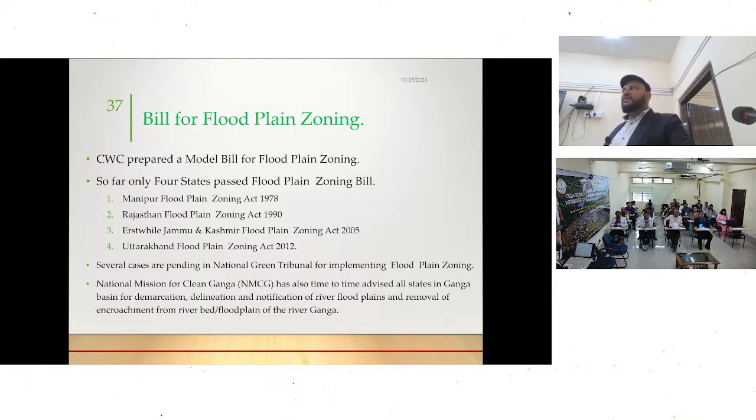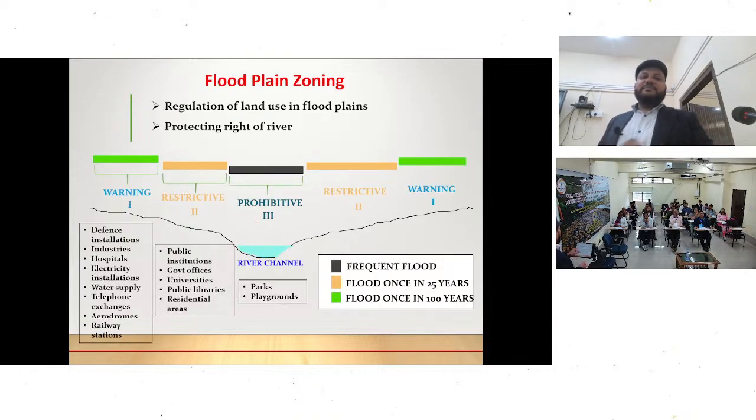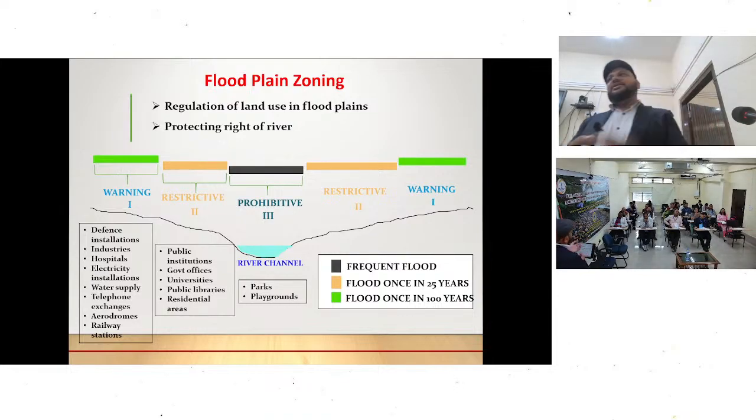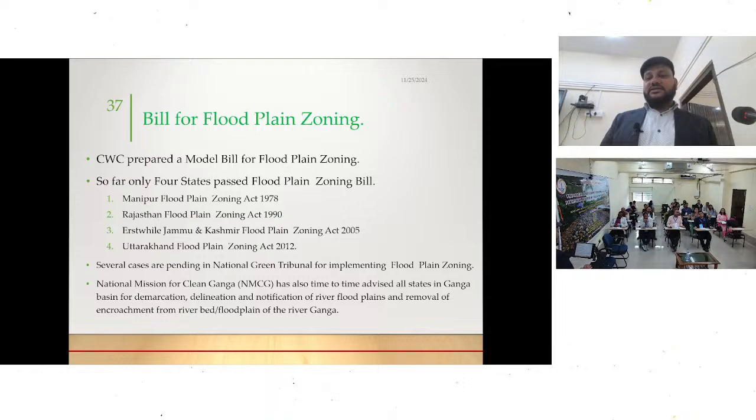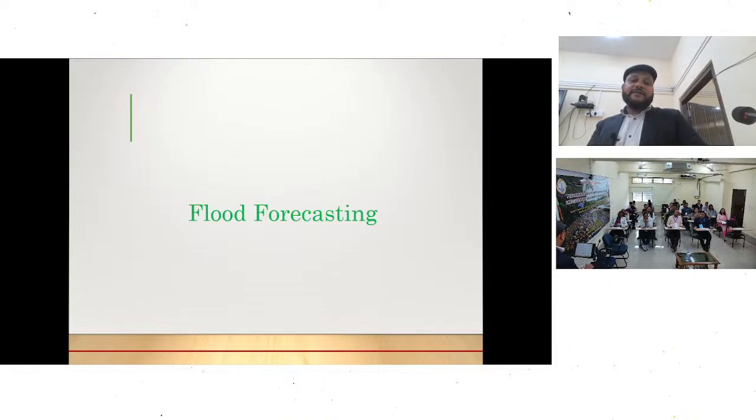States are not doing it because if they pass an act, and some area comes under the prohibitive or restrictive zone, they have to remove all the structures from those areas. That's why states are not very interested in passing this act.